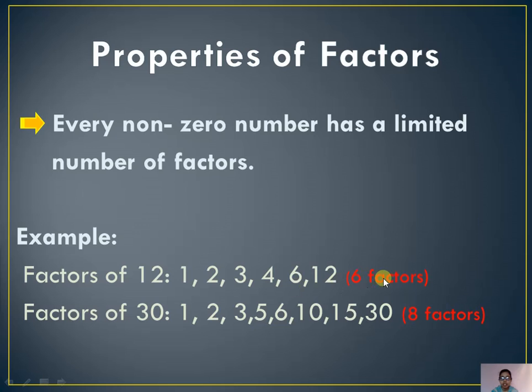There are 6 factors of 12. Factors of 30 are 1, 2, 3, 5, 6, 10, 15 and 30. So there are 8 factors of 30.